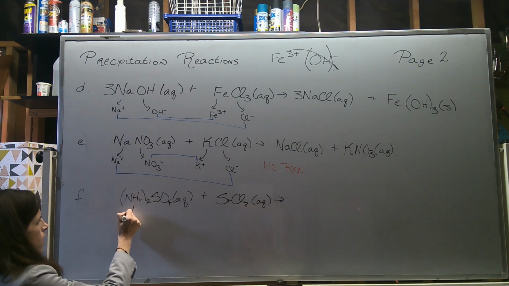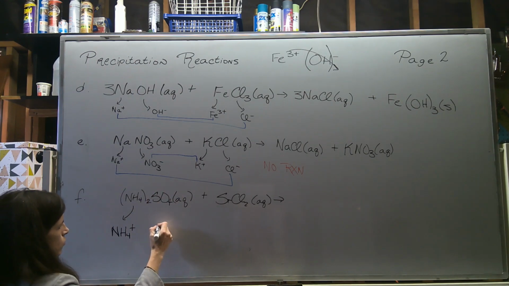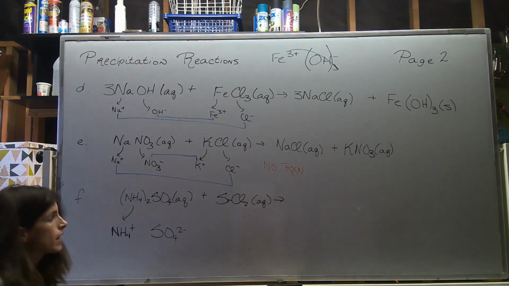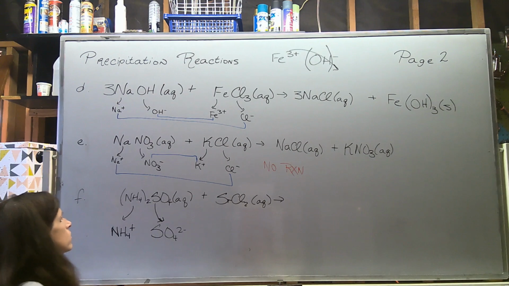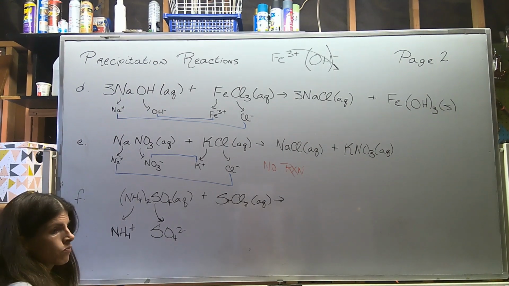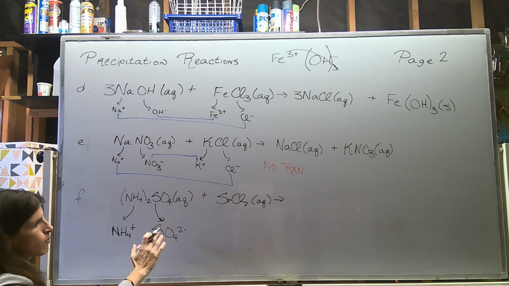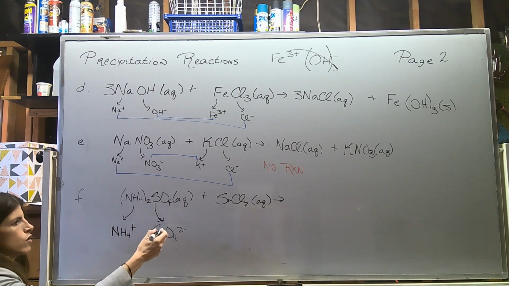So we have ammonium, NH4+, this 2 came from the sulfate. Sulfate has a charge of 2-. One thing I do recommend, especially if the nomenclature part is still something that you feel like you need to work on, is when you separate these things into ions, redo your crisscross just as a check.